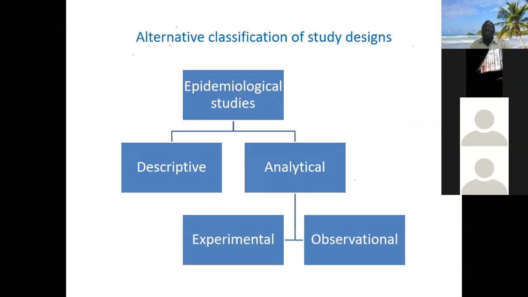Now, the alternative classification of study design says descriptive and analytical. Of course, under the analytical, you can have observational and experimental. And whichever way you do it, there will be overlap, because the observational is also a form of descriptive study. Rather, it's a form of observational study.